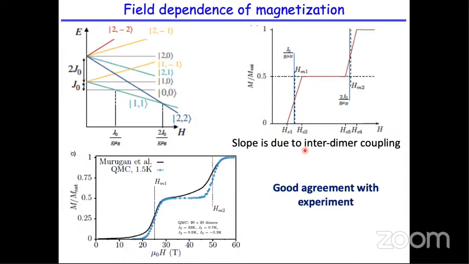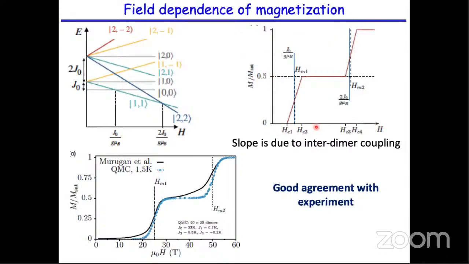So if we don't consider any inter-dimer coupling, we should expect a sharp jump at this value from the singlet to the triplet state, and then at a higher value we should again see a sharp jump. But because of this inter-dimer coupling, we see here there is a slope, and this is important because this is something we also observe experimentally. So inter-dimer coupling should be considered, although it is small. That's what we see from the mean field approach.